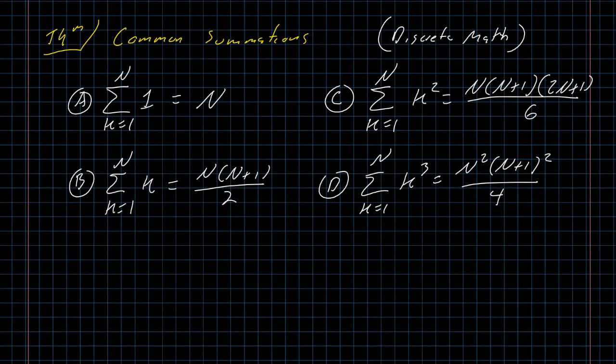And as I said, I don't have the tools that we need to prove these summations, but I suppose we could at least verify one of them. For example, the sum k goes from 1 to 5 of k is 1 plus 2 plus 3 plus 4 plus 5.